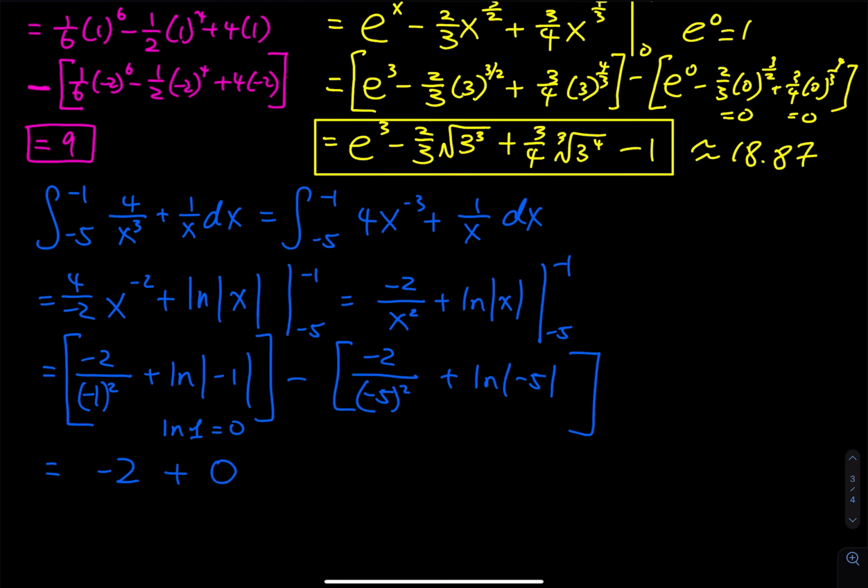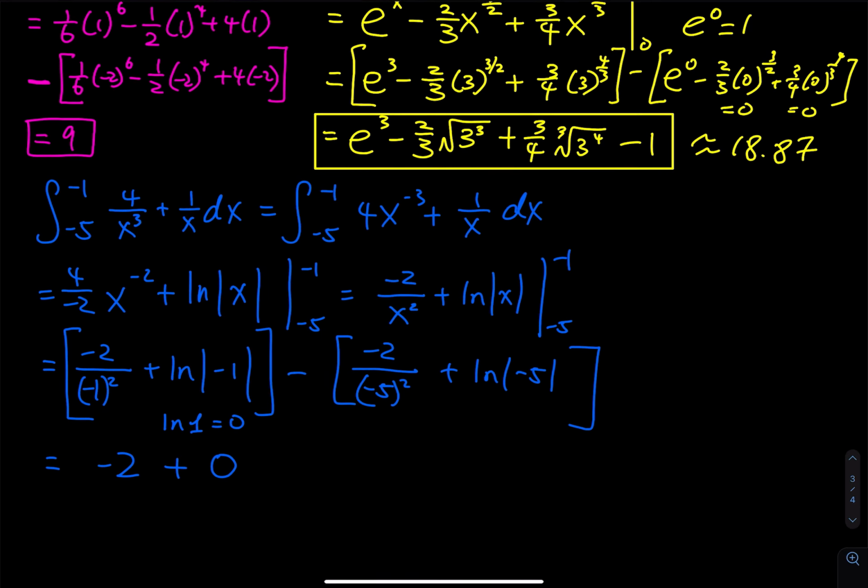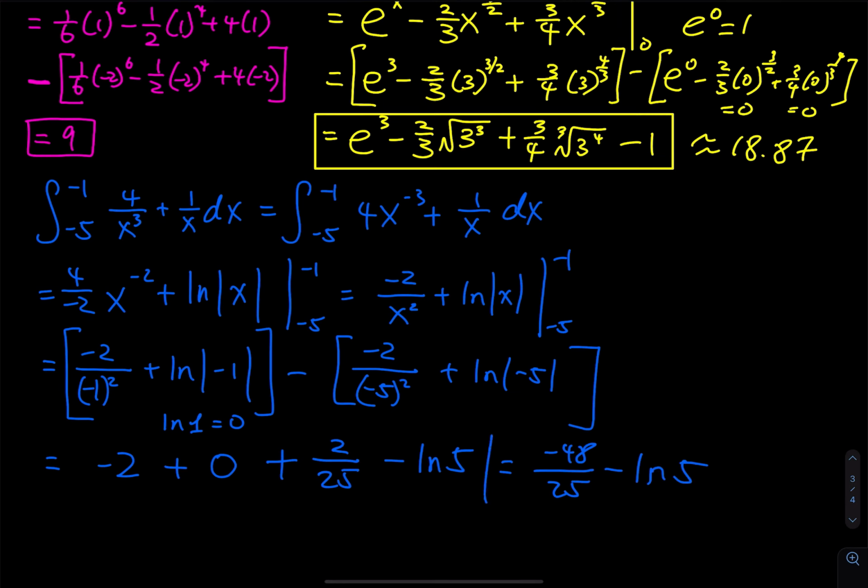And then this will be 25, right? -2 over 25, and then you distribute the minus, and then you have plus 2 divided by 25, and then minus ln 5. Okay, so you have -2 plus that, so that will be -50 plus 2, so that will be -48 divided by 25, and then minus ln 5. That's it. This is the exact answer.